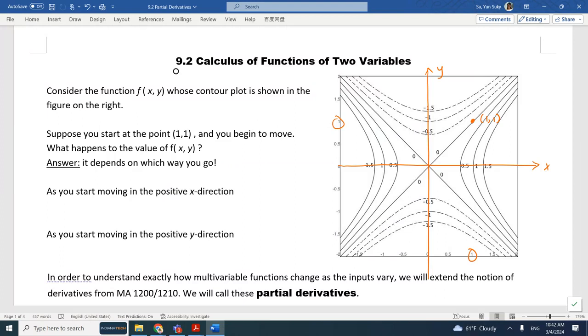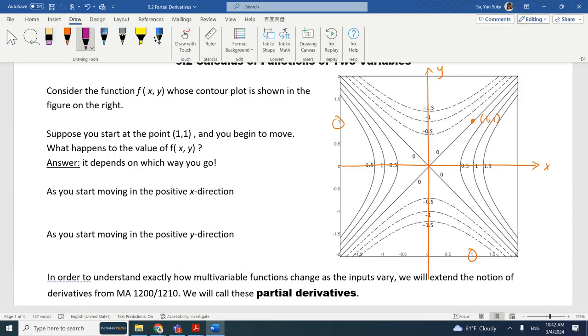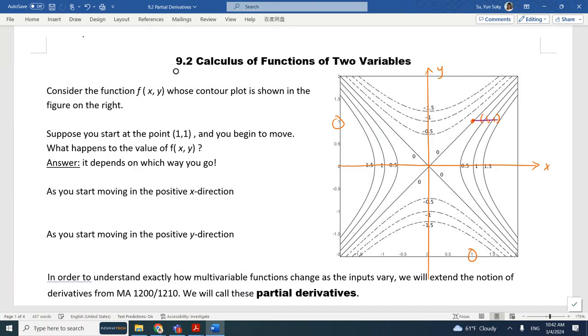Let's see. If we start moving in the positive x direction, what happens? By the way, here, what is my height? My height is 0.